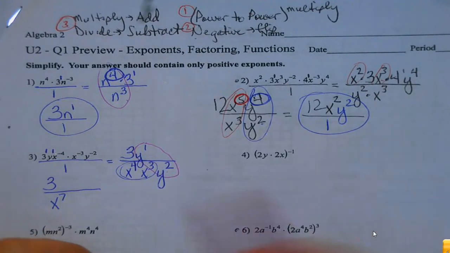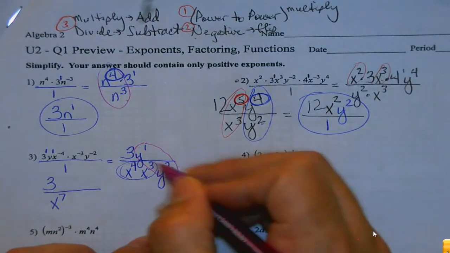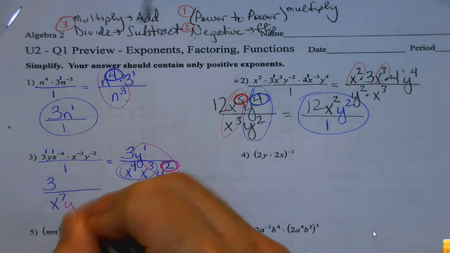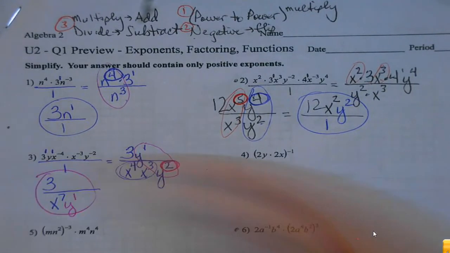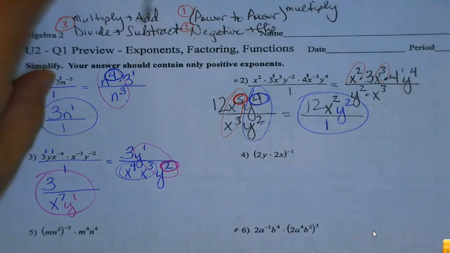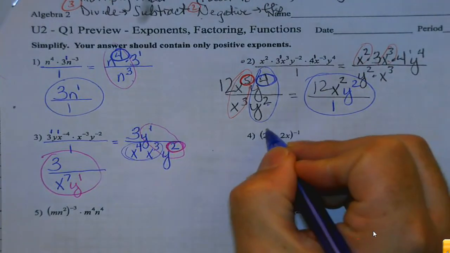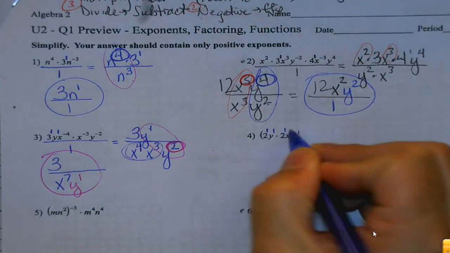One's in the numerator, one's in the denominator. 2 minus 1 is 1. Bigger exponent's down in the denominator. Then I'm done. So if you just keep things in pieces, it shouldn't be anything that's too bad.